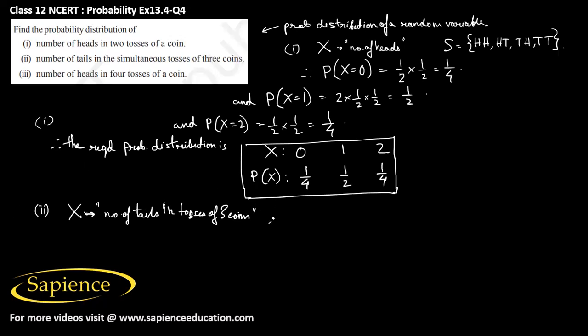So if three coins are tossed, then the sample space would be head, head, head; head, head, tail; head, tail, head; tail, head, head; tail, tail, head; tail, head, tail; head, tail, tail; and all three tails. So there are 8 possible outcomes.